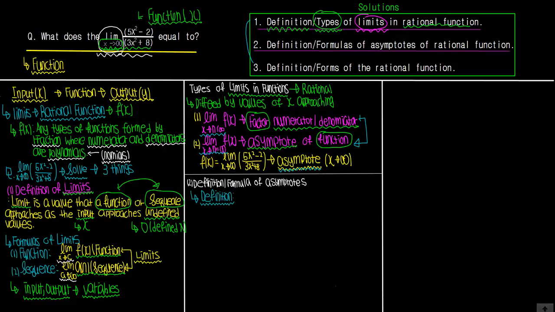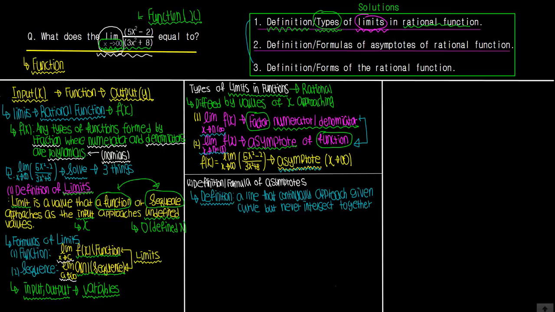We'll be talking about the definition of our asymptotes, which differs from the function that can be factored, where the x values approach numbers less than infinity.